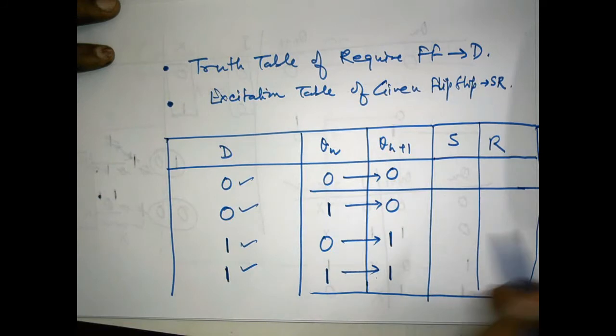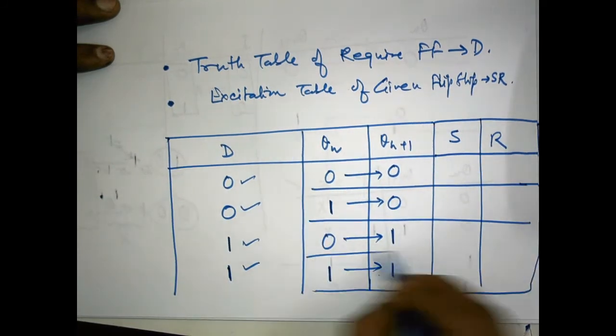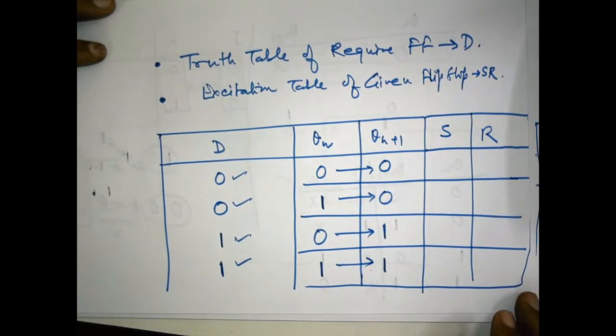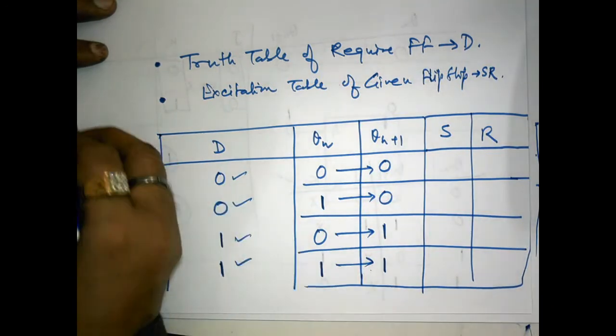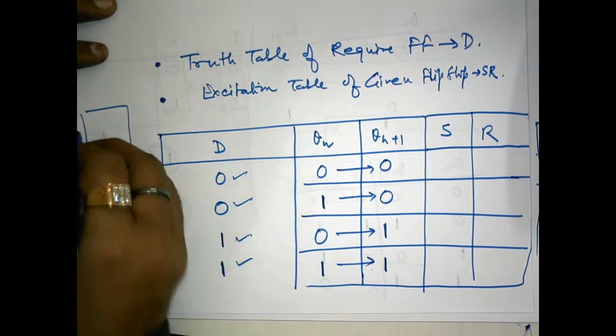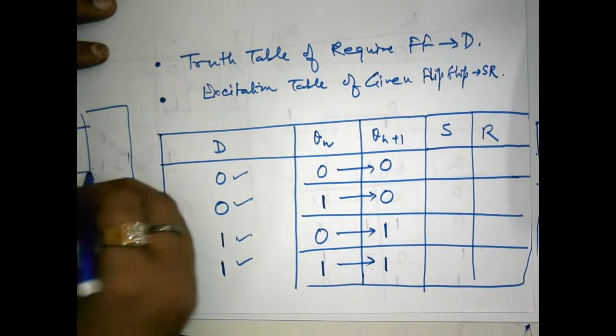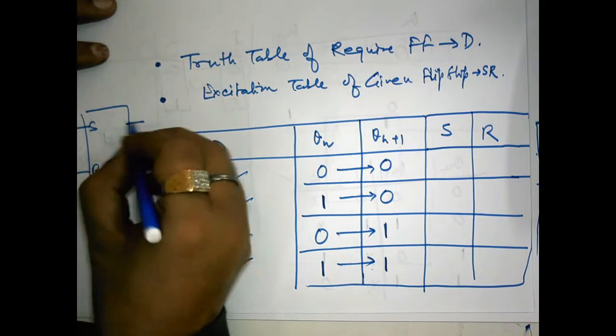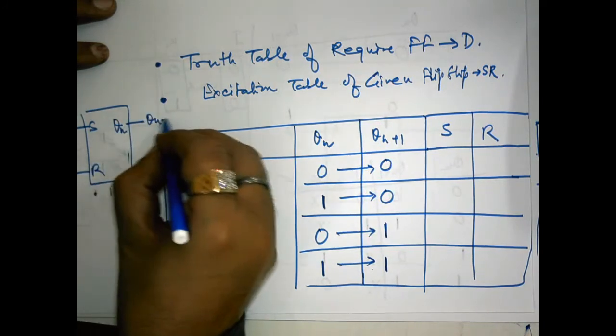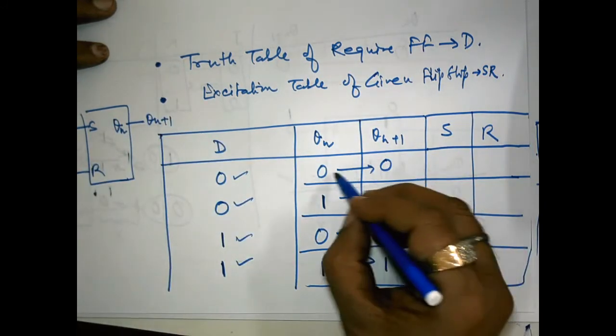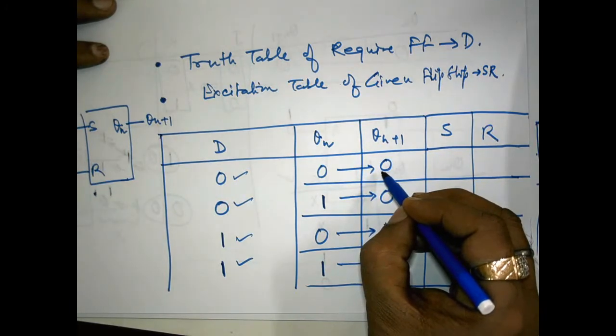I apply the required input at S and R. This is obtained from the excitation table of SR flip flop. Okay. So you recall the excitation table of SR flip flop. This is S and this is R, this is Qn, and this is making a transition into Qn plus 1. 0 was there and 0 is the next state.